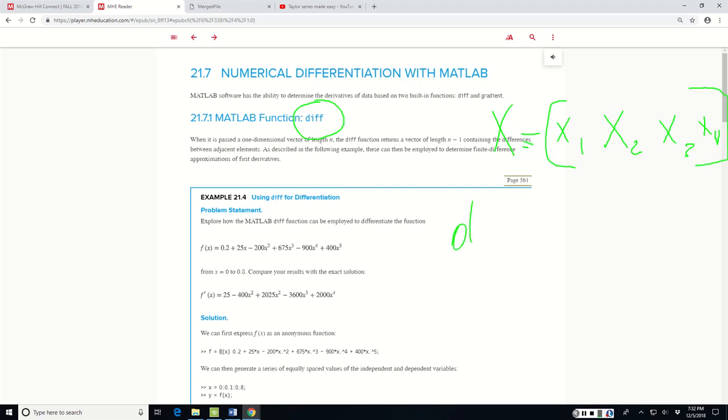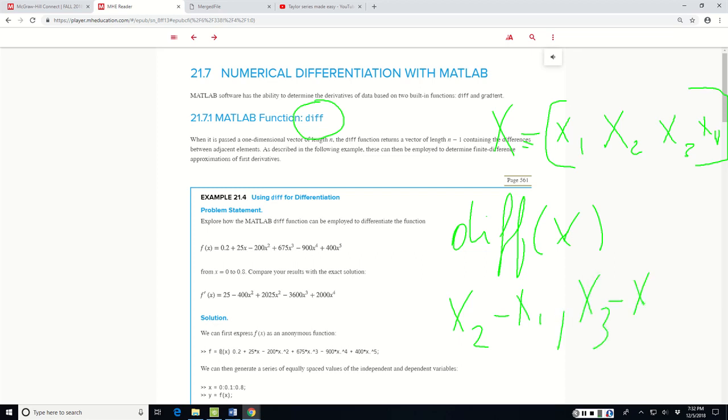If you say diff of x, it's going to give you x2 minus x1 for the first point, x3 minus x2 for the second point, x4 minus x3 for the third point. But the number of points in your answer is going to be one less than in your original vector, right? Because you're finding the differences between these points.